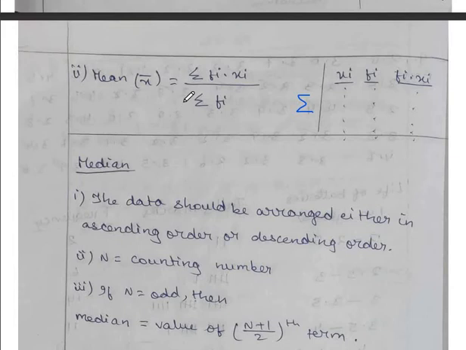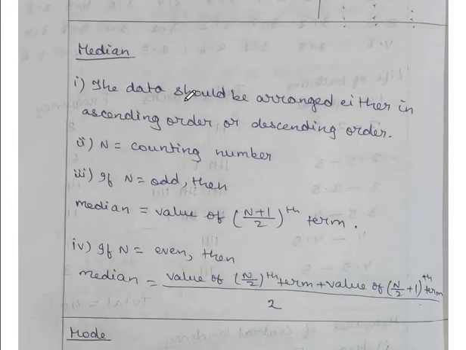Now let me give you the formulas for median. While calculating median, the first point you please remember, the data or numbers should be arranged either in ascending order or descending order. Mostly we will follow ascending, that is small to big. Second point, after arranging in ascending order, you can mark by n, capital N, that is the counting number.